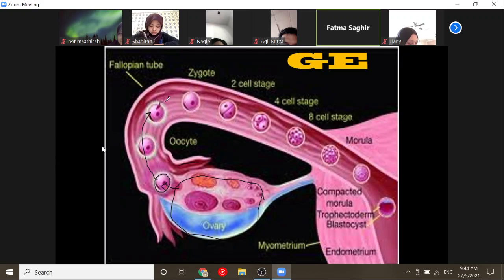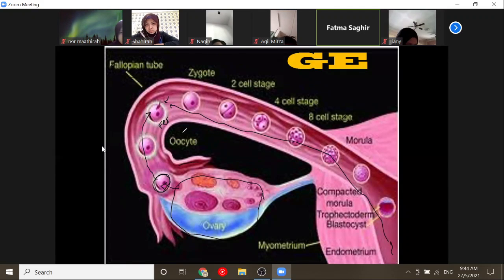And you can see here we have the sperm. So here we have the fertilization. This sperm moves, and we know how it can reach here. And we have the ovum, and the ovum moves until it reaches here. What's here? This is the fallopian tube.